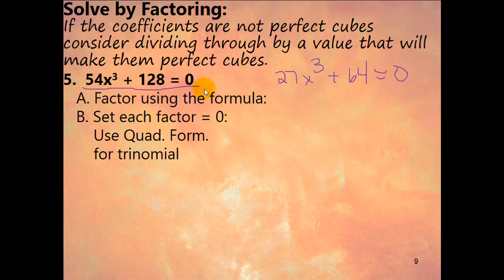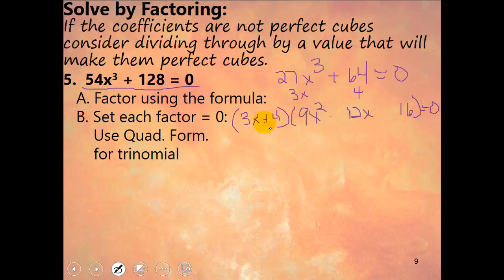All right, you're going to factor, so this is 3x and this is 4, so we're going to have 3x plus 4, and then we're going to have 9x squared minus 12x and 16. Same, opposite, always positive. And then we're going to get 3x plus 4 equals 0. So x equals negative 4/3.